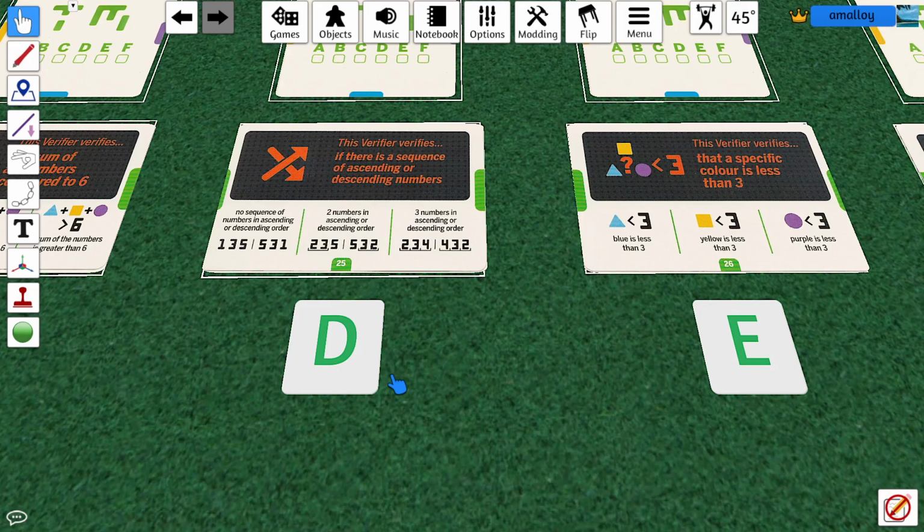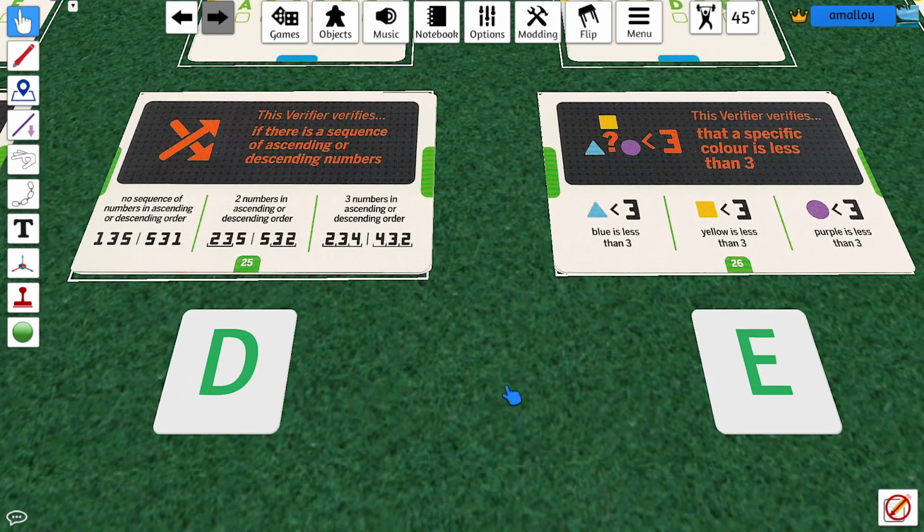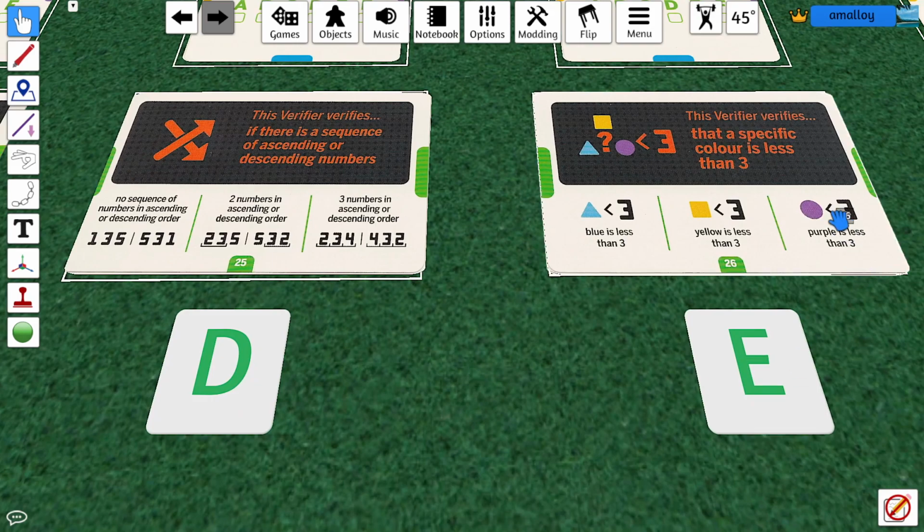If we had a sequence of 3 in descending order, or ascending, would that somehow make this superfluous? I don't think so. Like, well, no, because they could just be 3, 4, well, no, they couldn't. Right.